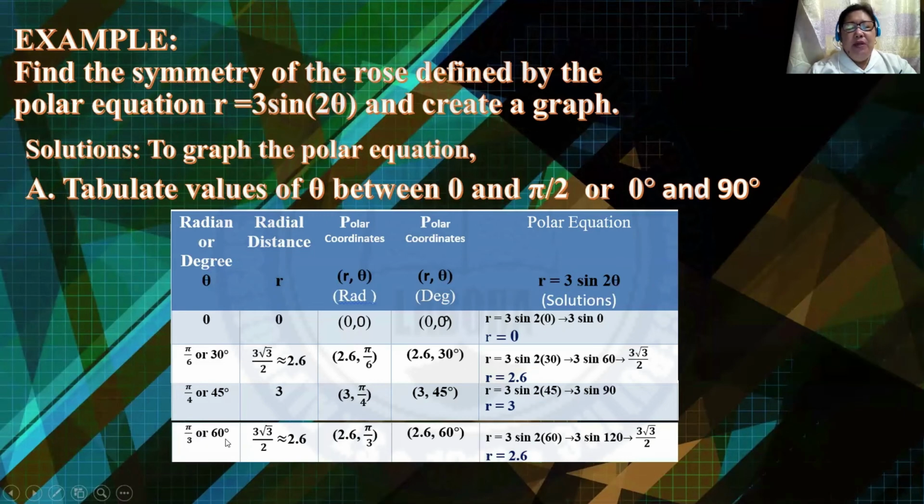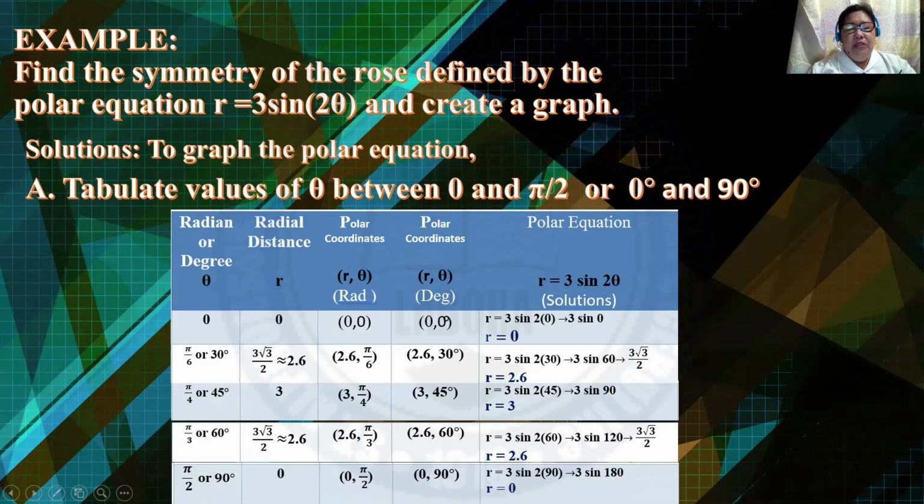For pi over 3 or 60 degrees, the value of r is 2.6. For the solution, we have 3 sine 2 times 60, which will give us 3 sine 120, in which the value is 3 square root of 3 over 2 or 2.6. That is why the polar coordinates we have 2.6, pi over 3, or 2.6, 60 degrees.